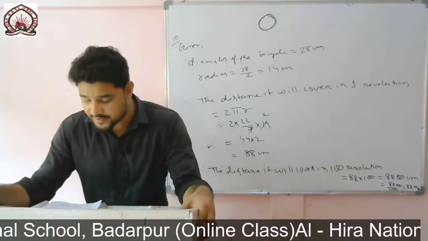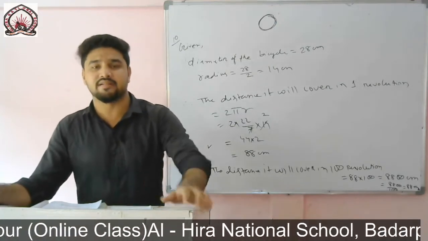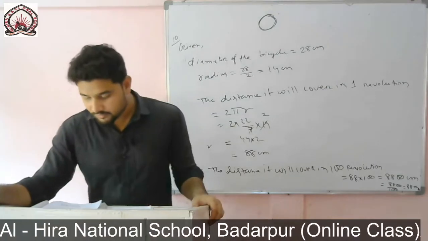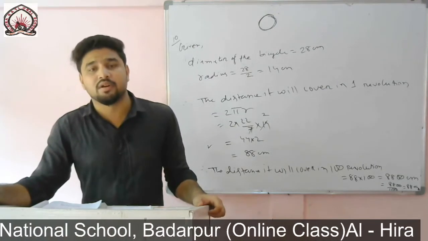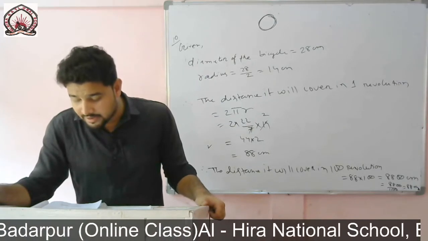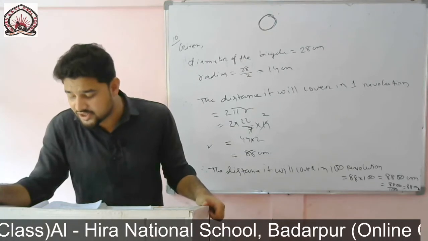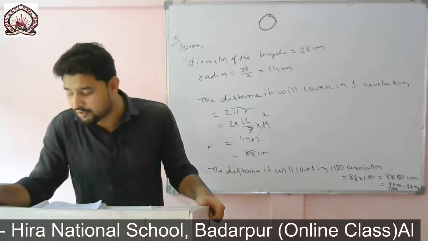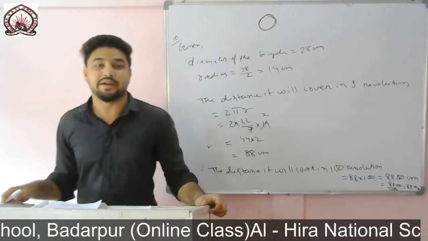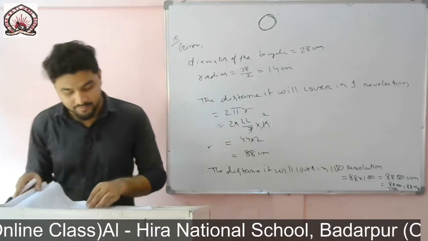The field is in the shape of a circle, and the radius of this circular field is 24.5. So first of all we will find the distance in making 1 complete rotation. After that we will multiply. Okay, so write.